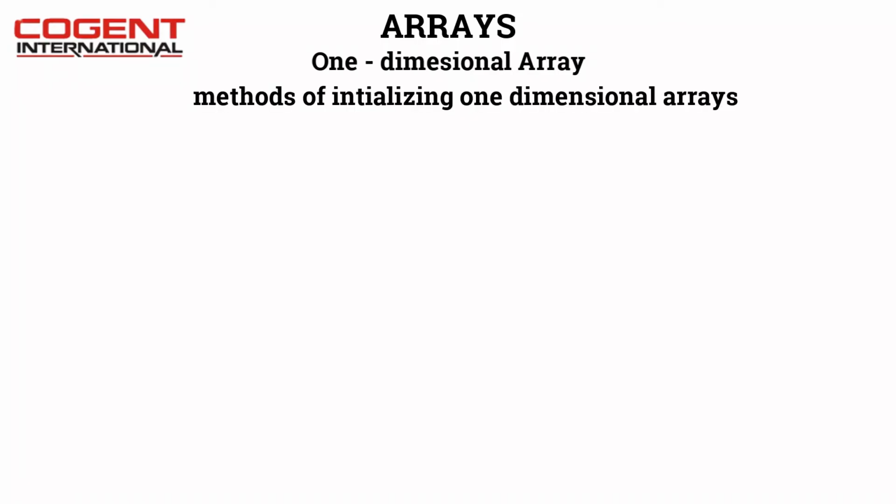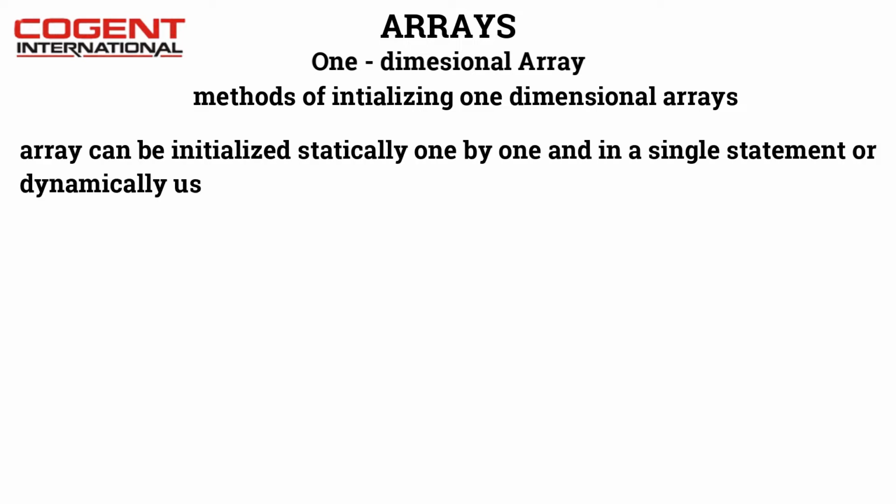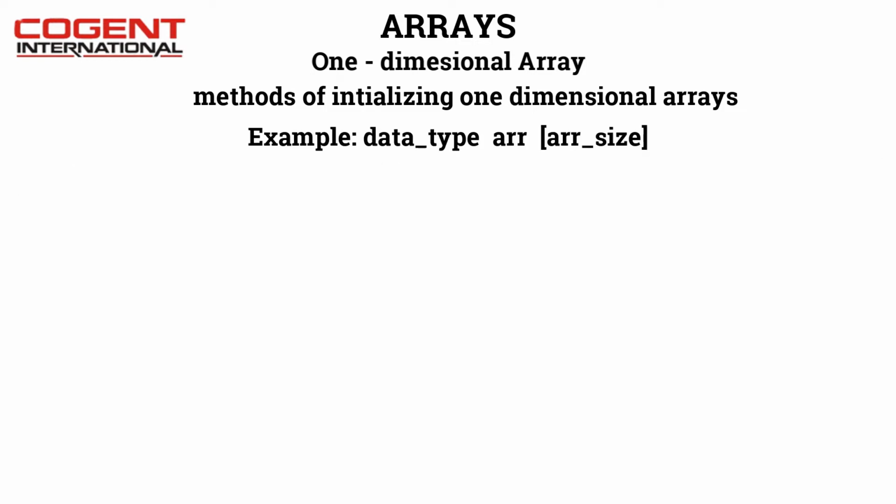Methods of initializing a one-dimensional array. An array can be initialized statically, one by one or in a single statement, or dynamically using loop statements. Consider an example: datatype array[arraysize], which means an array of type datatype and of size arraysize is declared, and its initialization can be explained as below.